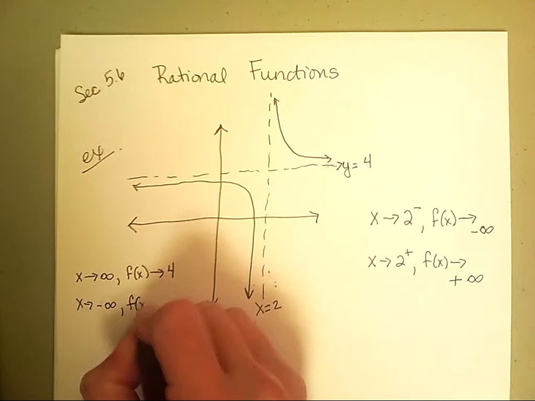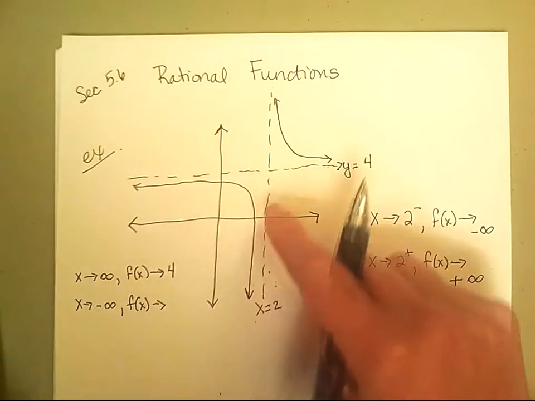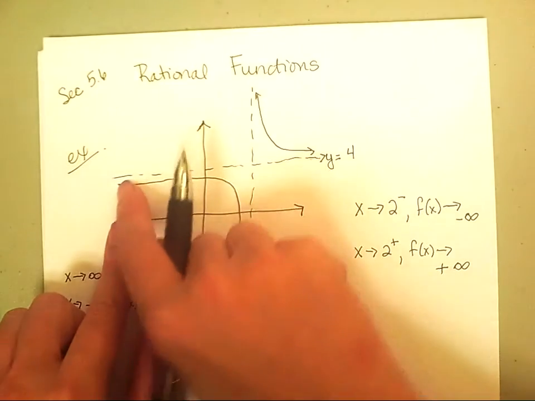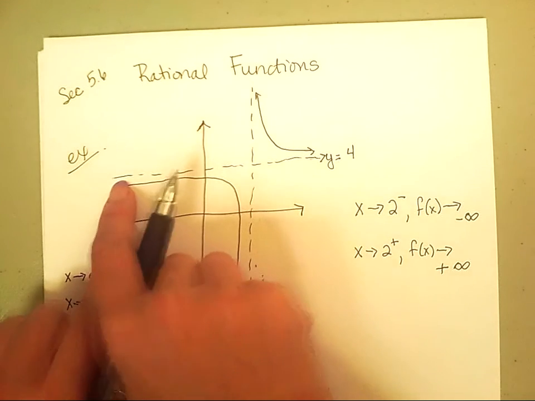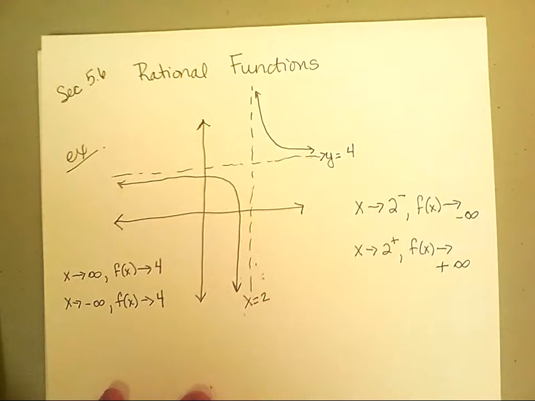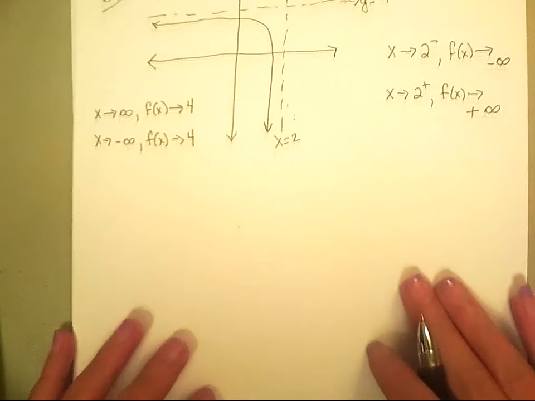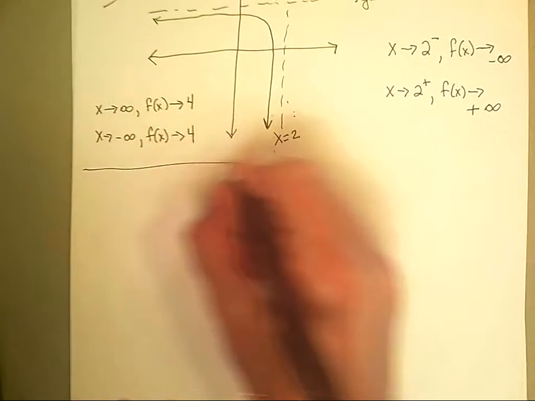Well, the function there again is also bounded by the asymptote. So here's x going to infinity. And as I do that, the function is getting closer and closer and closer to a value of 4. All right. So I hope that makes sense.